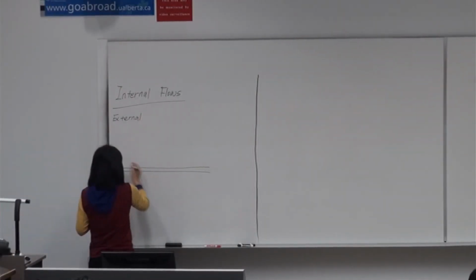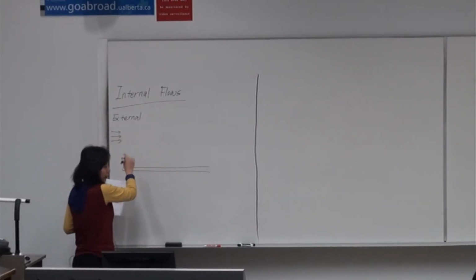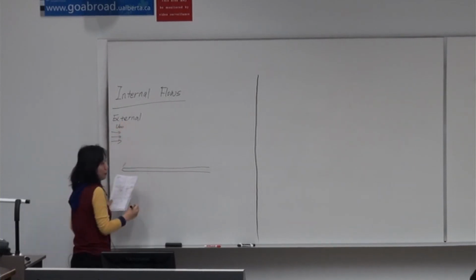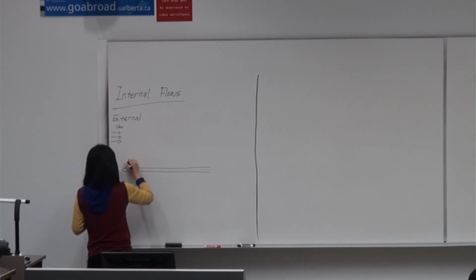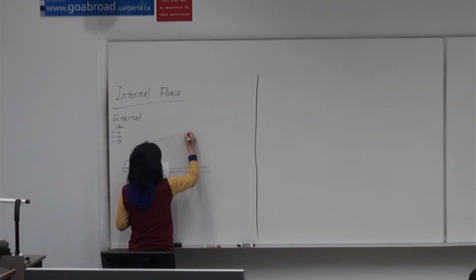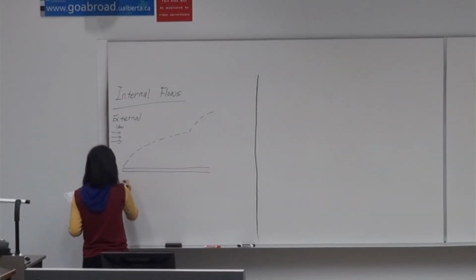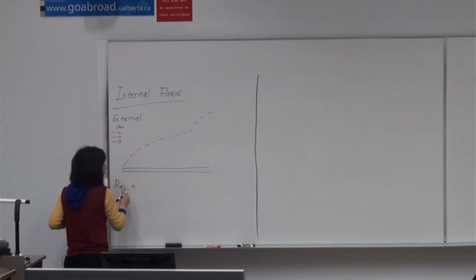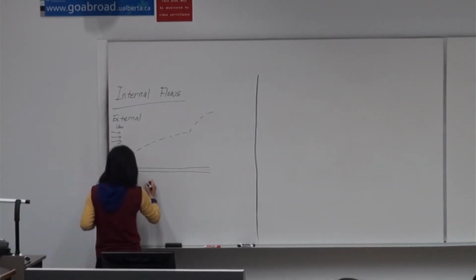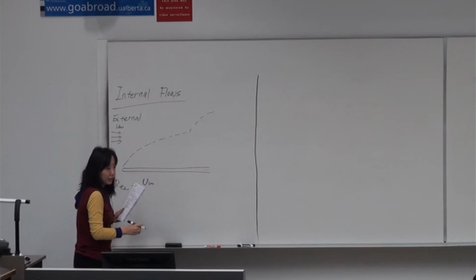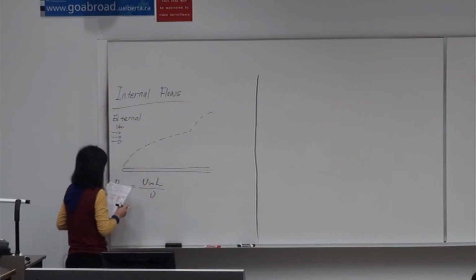We have a surface here and a free fluid coming at a velocity of U infinity. It starts to grow the velocity boundary layer and can transition to turbulence, which depends, for a flat plate, on the Reynolds number, given by the velocity of the outer flow times the length of the plate over the kinematic viscosity.